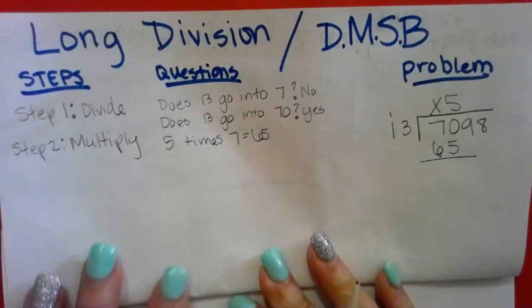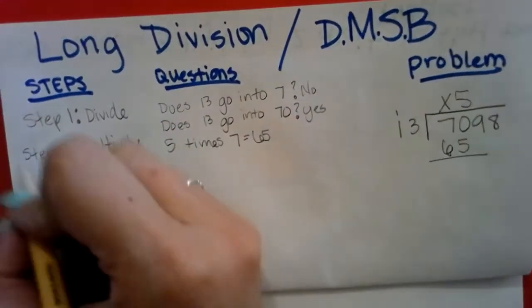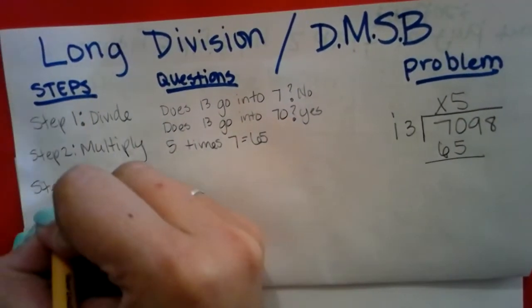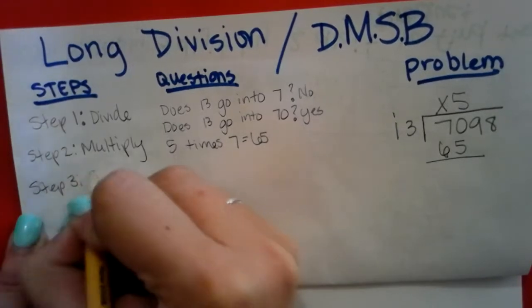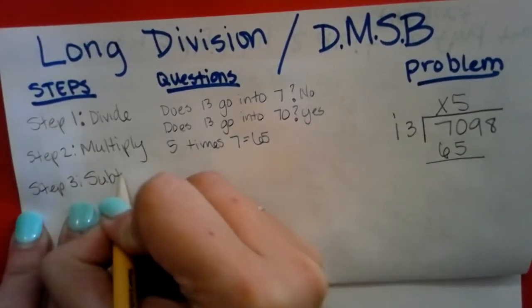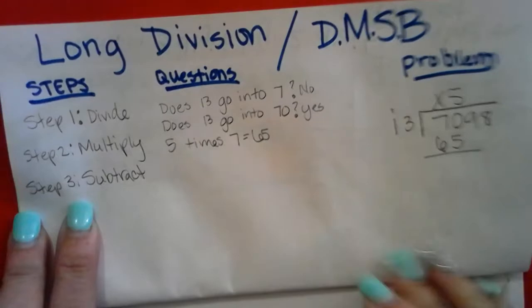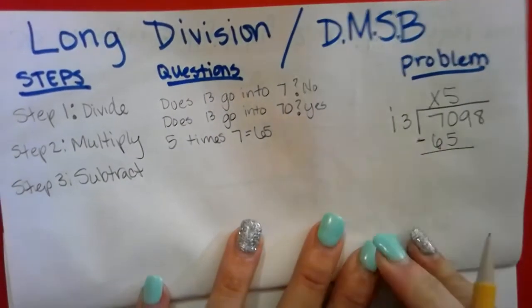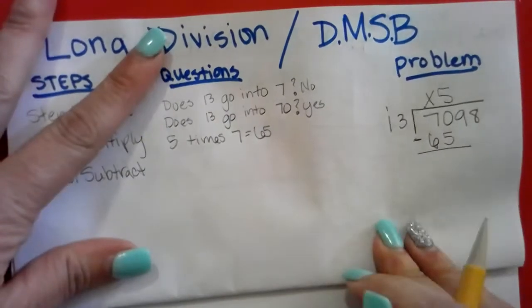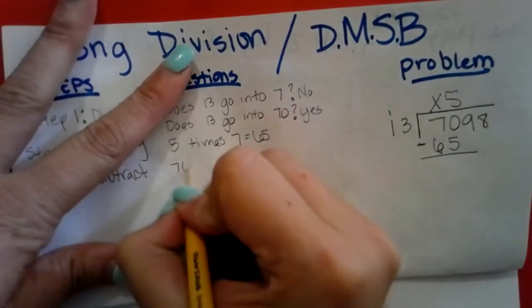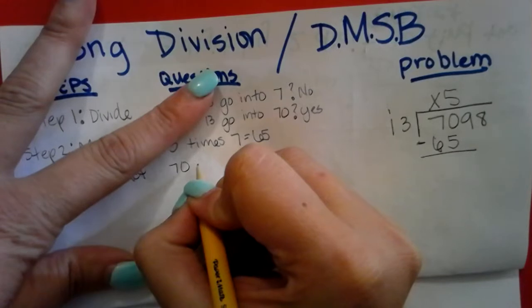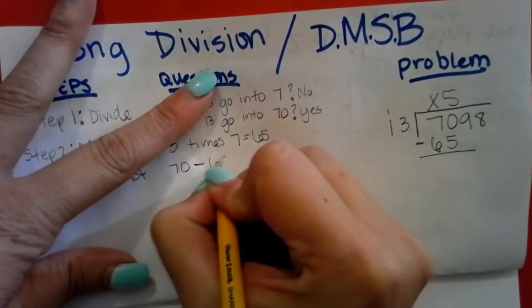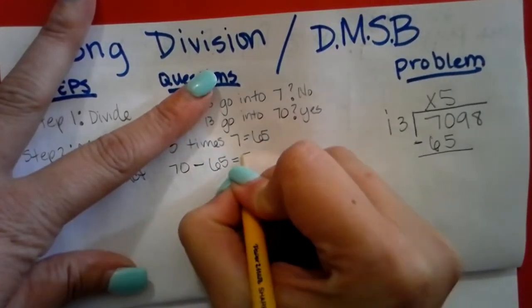Then my next step is going to be to subtract. What am I subtracting? Okay, I'm going to subtract right there. So I'm subtracting 70 minus 65. So 70 minus 65 is going to equal 5.